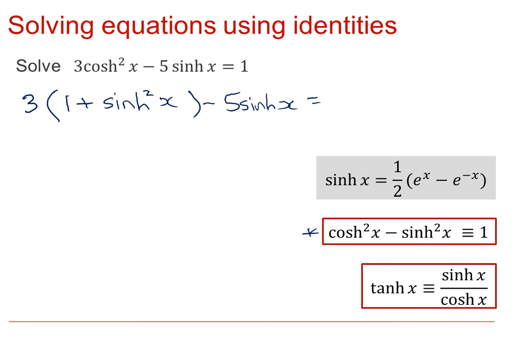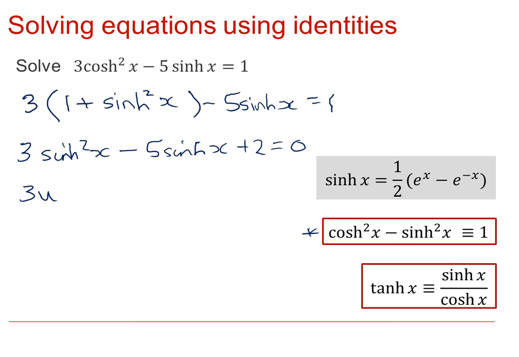equal to 1. If we arrange this, we get 3 sinh squared x minus 5 sinh x plus 2 equal to 0. At this point, if we wished, we could replace the sinh x with u.